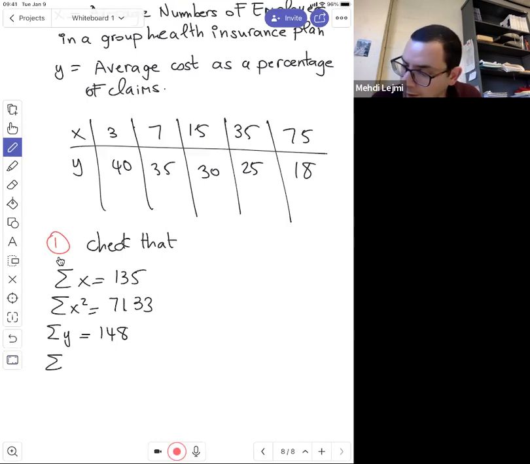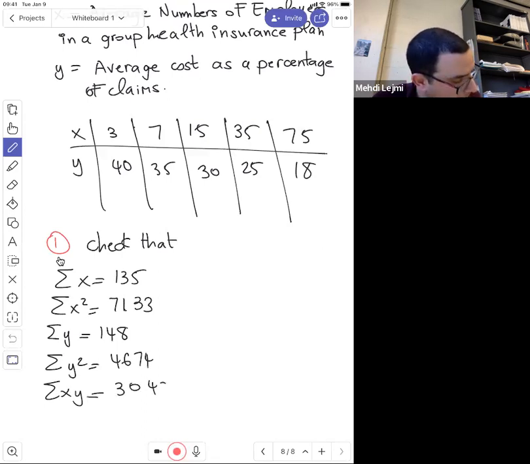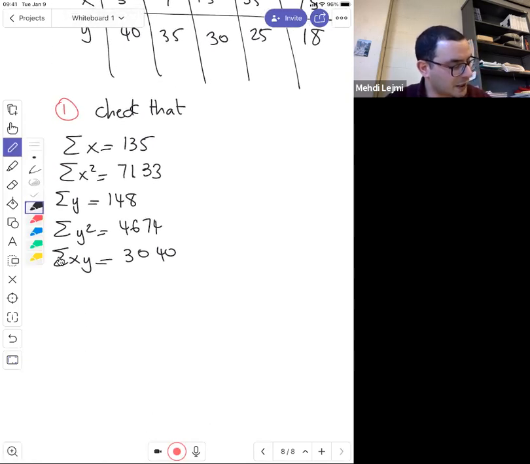The sum of the y squares is 4,674. And the sum of the x times y is 3,040. So I'm giving you the answers to at least 5 steps. Once you have these numbers, then you can compute R.